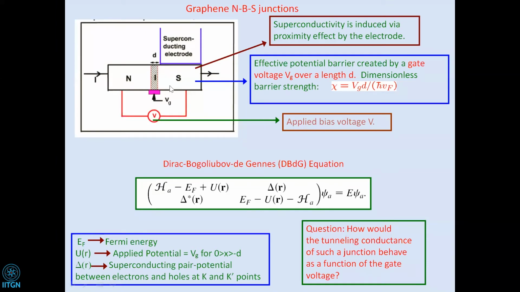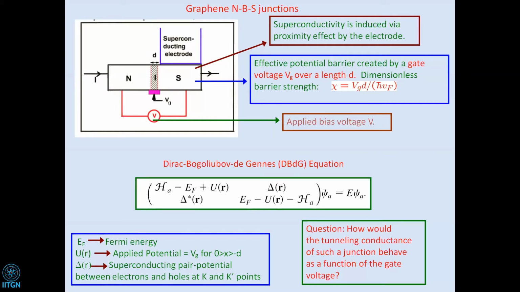Okay. And in between, we have thought of putting in a bias voltage V, which acts like a barrier potential. Okay. So this voltage essentially creates a difference in electron density in this region I and this region N, which means there is a mismatch of Fermi surface between the two regions, and therefore this acts as a barrier, okay, for the electrons to go in from the normal to the superconductor.